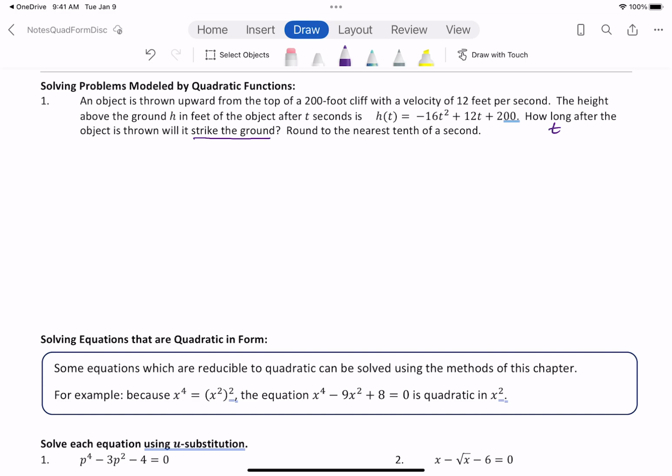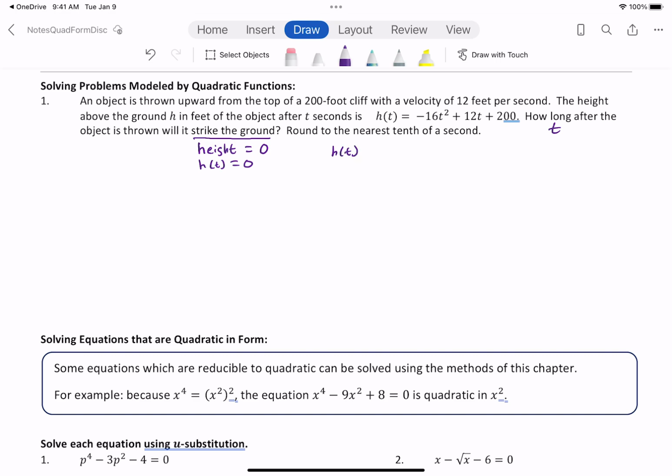So what we have to know for this problem is if the object is on the ground, then that means the height is equal to 0. And of course in this problem, height is represented by the h of t.